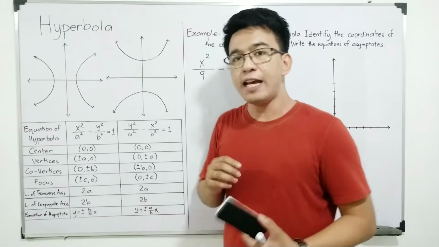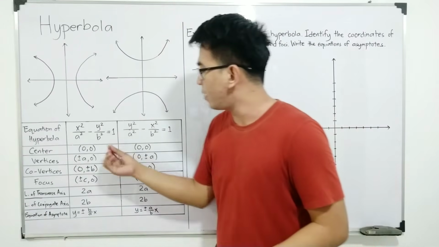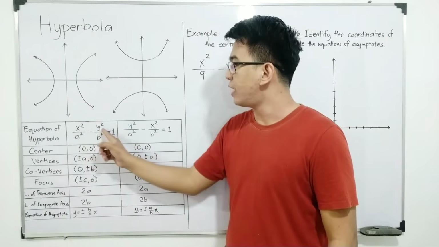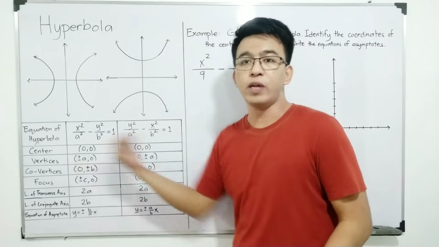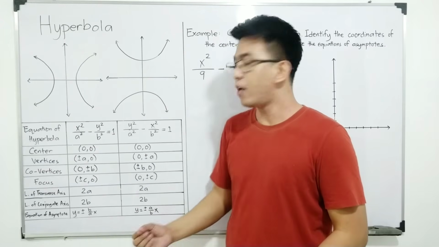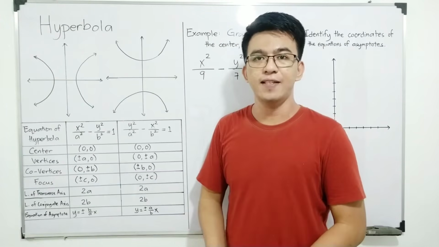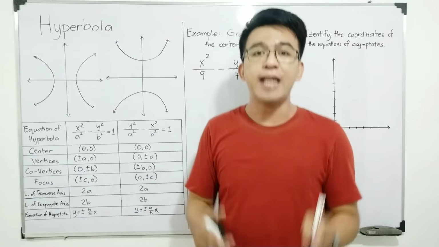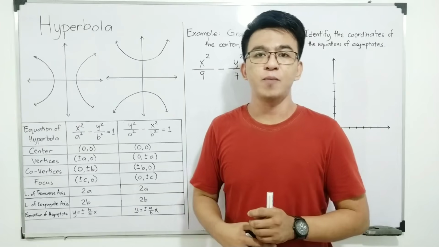Okay? Another thing about this equation, we have this one. Pansinin nyo, nagbabago yung pwesto ng x squared sa y squared given the two equations. Pero yung a squared ay hindi. Okay? A squared is always at the denominator of the positive term.